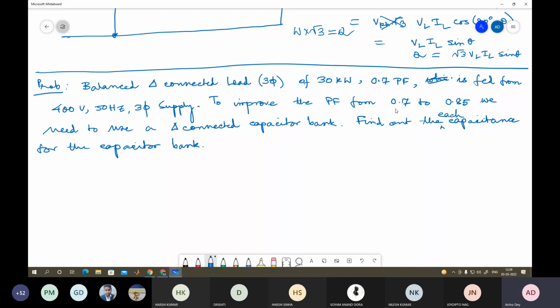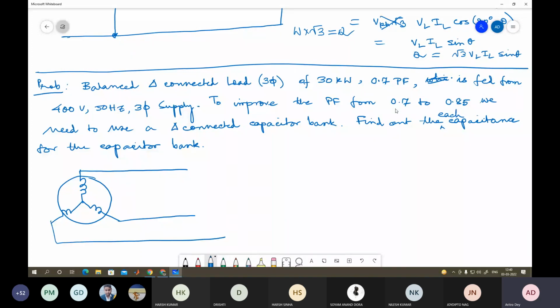So this is how it will look like. This is your alternator or source, whatever it is, maybe your transformer also. And this is connected to your load, which is 30 kilowatt, PF equal to 0.7.